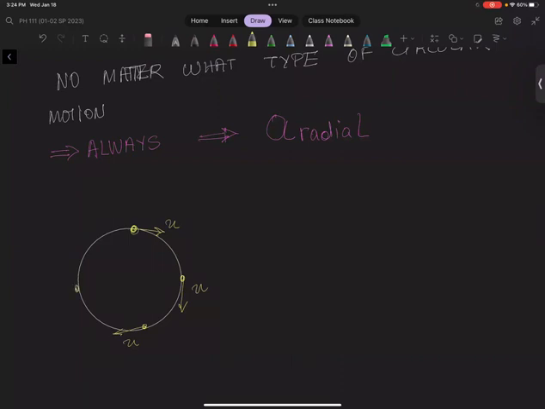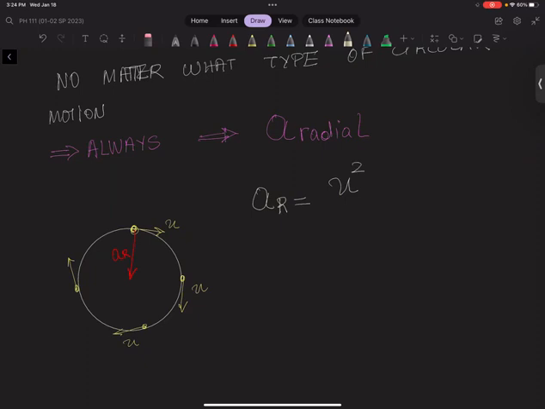The radial acceleration is going to be a vector that will always be pointing towards the center, A sub r. Radial or centripetal acceleration, this is the same term, the same physical variable. It is going to be pointing towards the center and equal to the linear speed at that particular point.